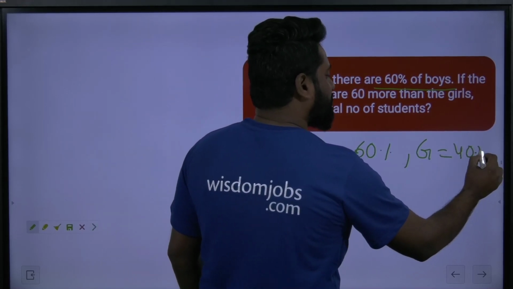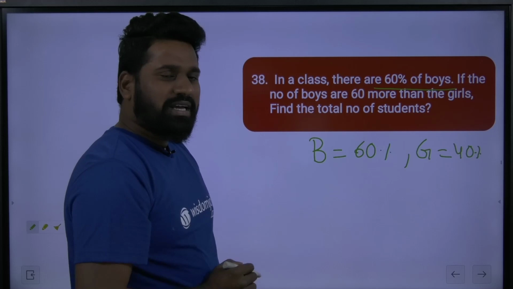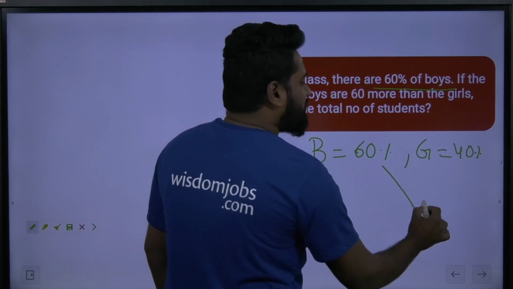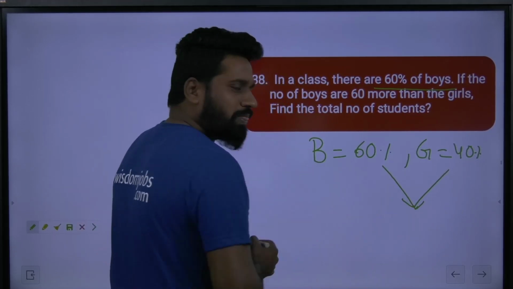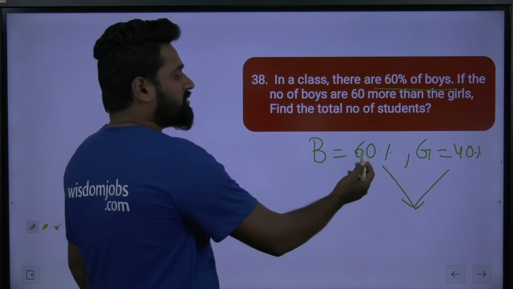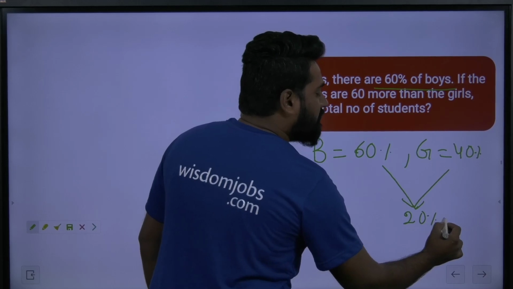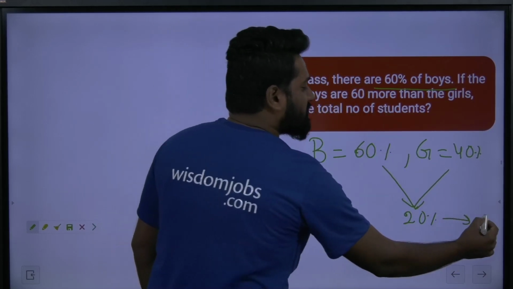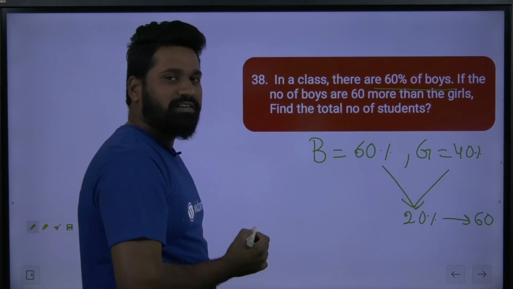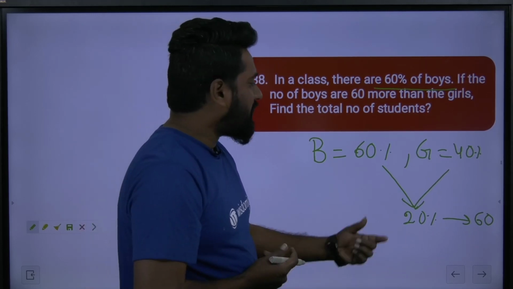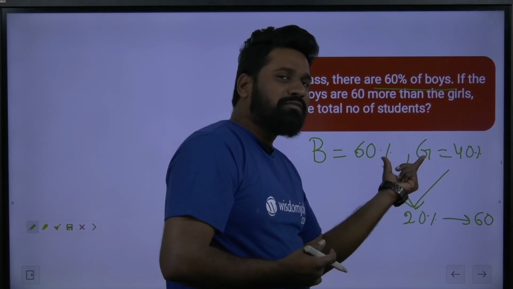This is clear, right? And if you observe carefully, what is the difference of percentages between these two? 60% and 40%, the difference is 20%, which indicates 60 boys. Is it right or wrong? Because this is in terms of percentage.